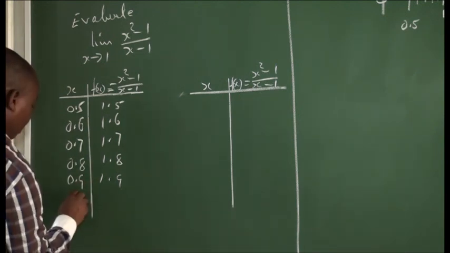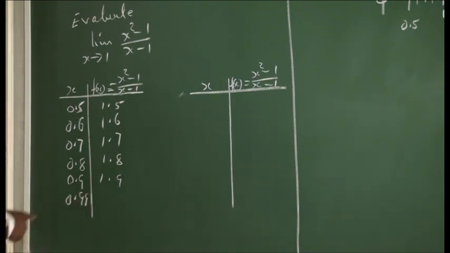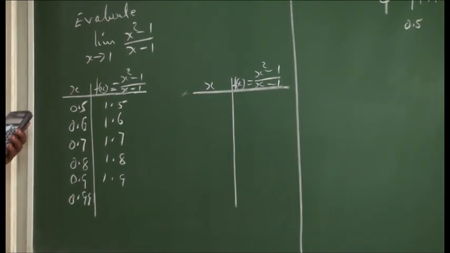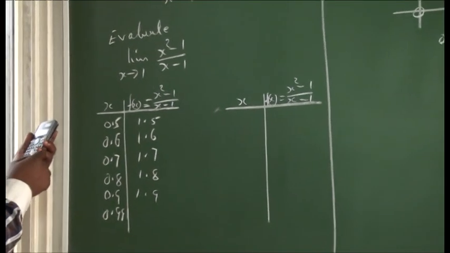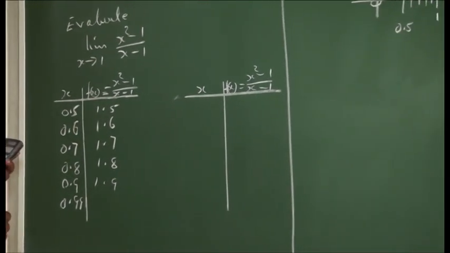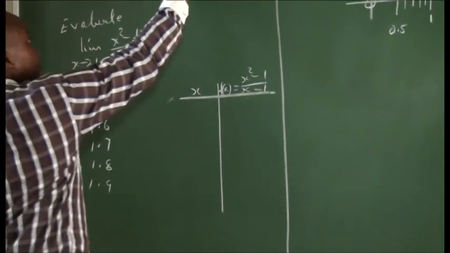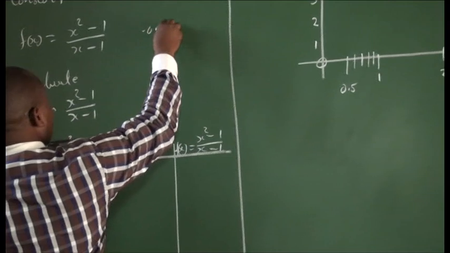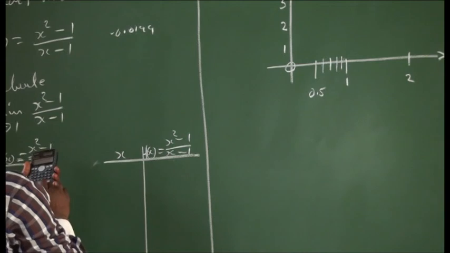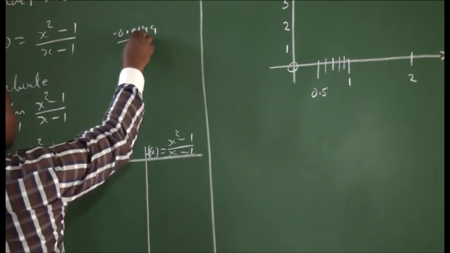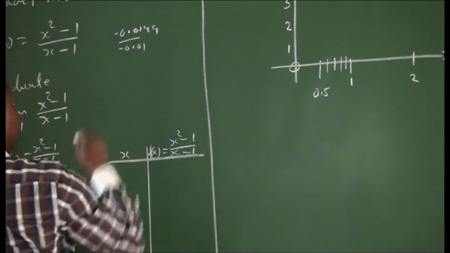What about 0.99? In that case, we see that 0.99 squared minus 1 gives us minus 0.0199. Then 0.99 minus 1 gives us minus 0.01.